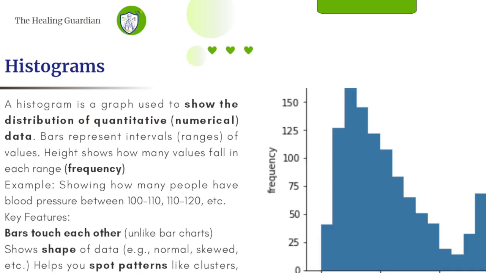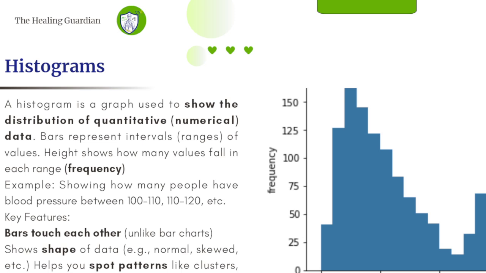Histograms are mainly used for quantitative data, especially continuous data. For discrete data, if it is counting, it can apply to both, but many times the histogram is mainly applicable to continuous data.